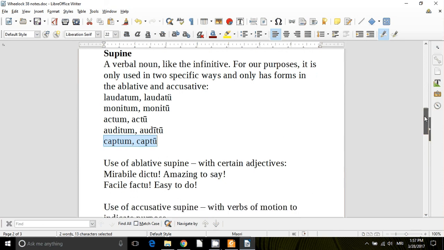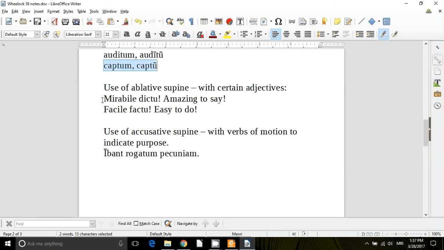Only two usages that we're going to care about. One of them is this kind of exclamatory use, mirabile dictu, amazing to say, or facile factu, that's easy to do. That's the only way that the ablative is used. And the accusative supine is just used with verbs of motion to indicate purpose.